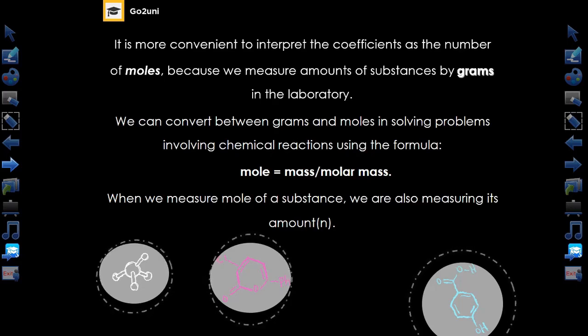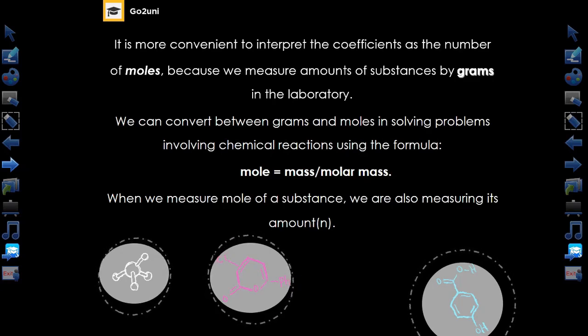This is because in stoichiometry we measure amount of substance in grams, and grams can be converted to moles using the formula mole equals mass over molar mass. This is the absolute relationship between mole and mass.